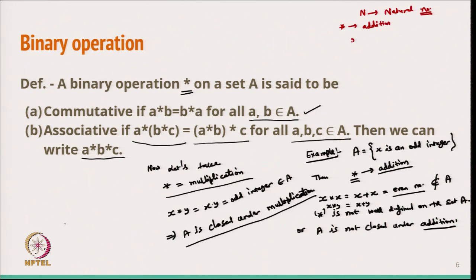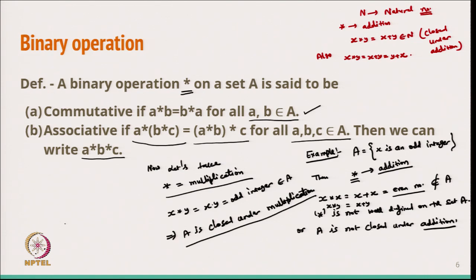So, in this case I know that if x star y, that is x plus y, and adding two natural numbers is again a natural number. So, that is going to be in N. So, it is closed under addition, and also I can have x star y is equal to x plus y, and this can be written as y plus x, because for the sum of two natural numbers I can just interchange the position.